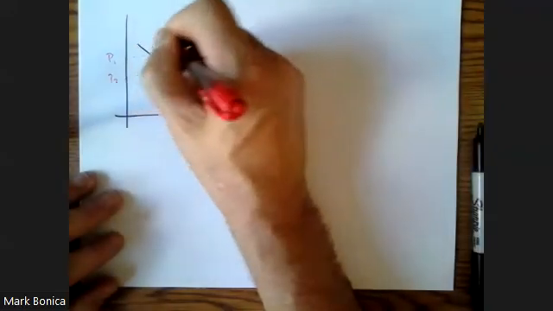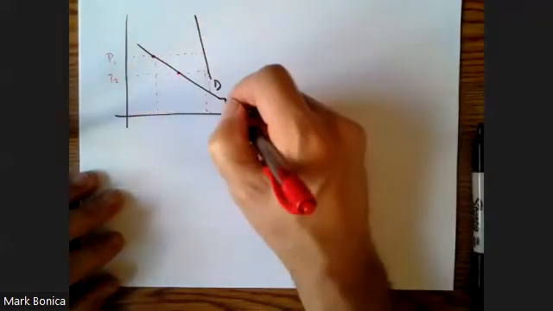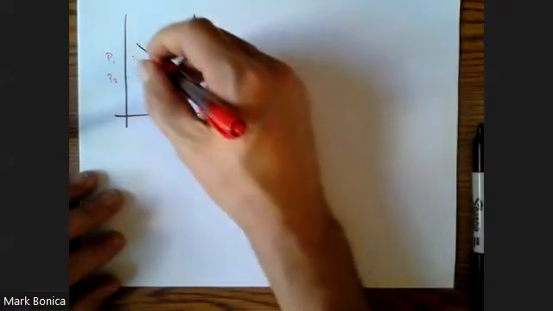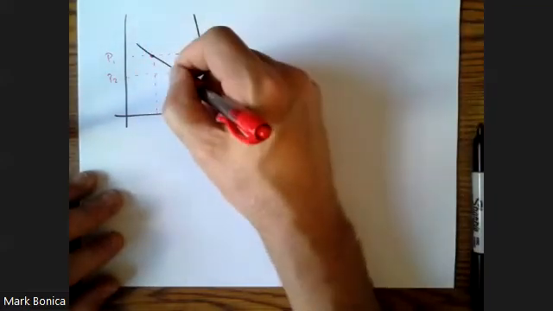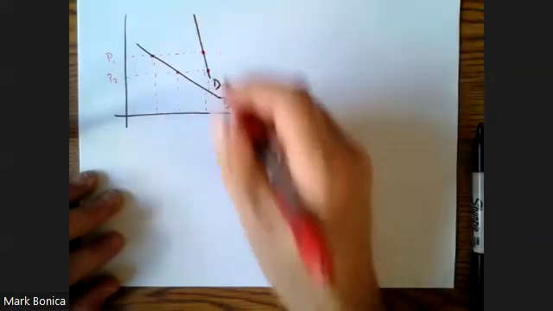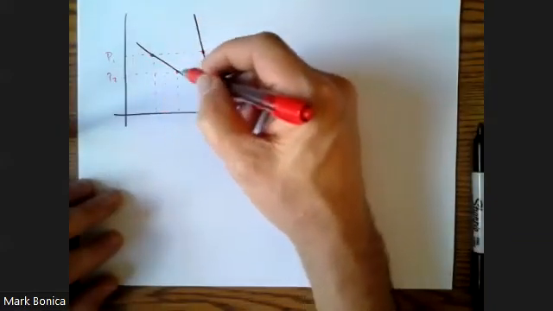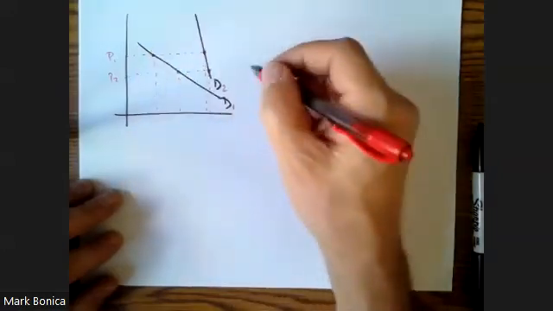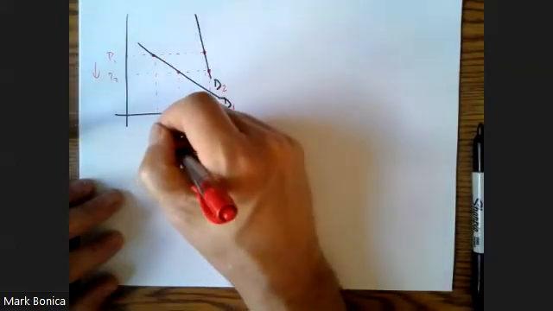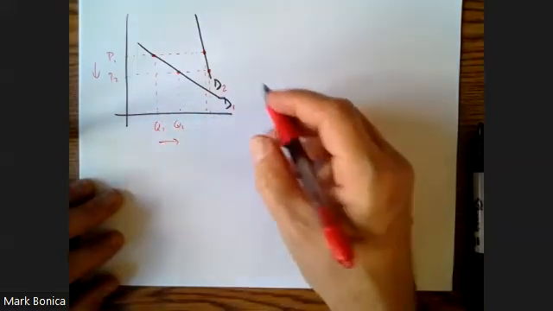If we start at P1 and then go to P2 with regard to D1 versus D2. So let's say that this is a relatively elastic demand. So going from P1 to P2, a modest increase or decrease in price, we go from Q1 to Q2. It's a pretty big jump.